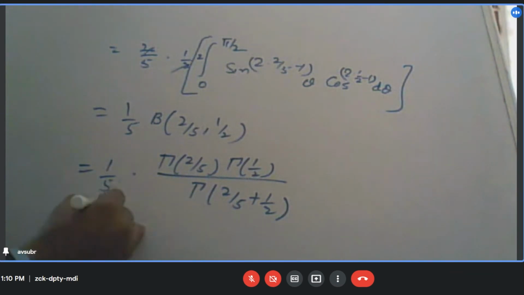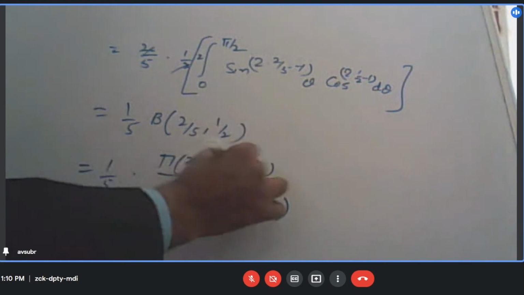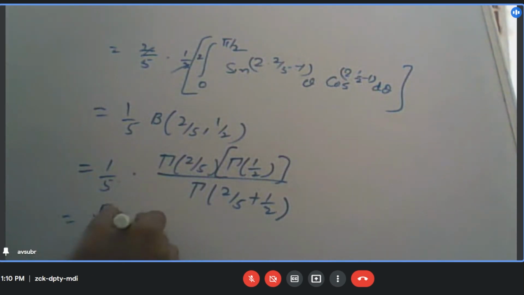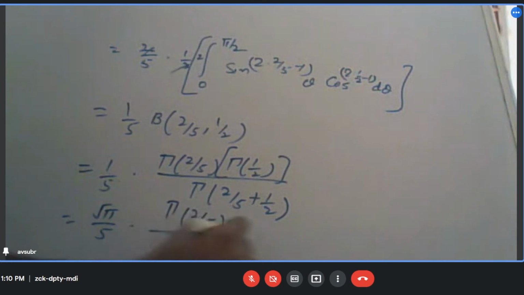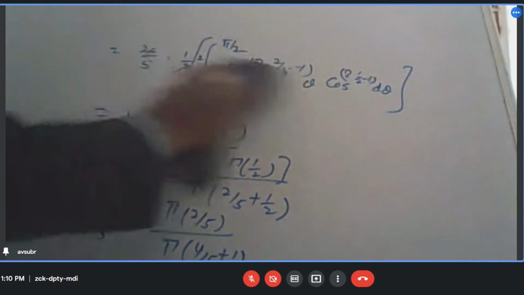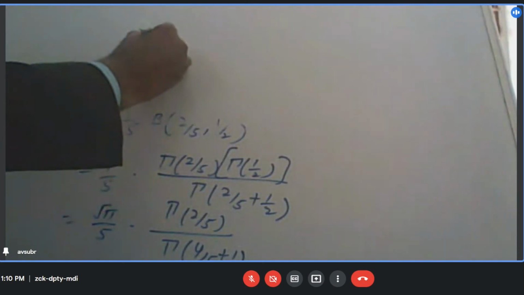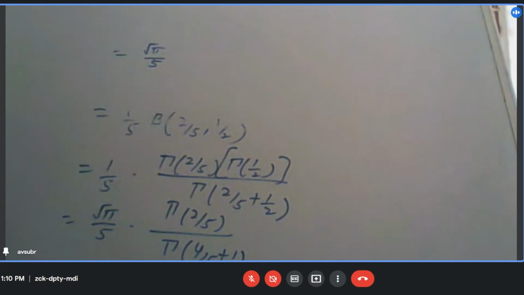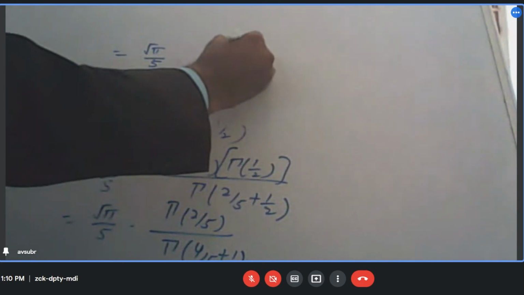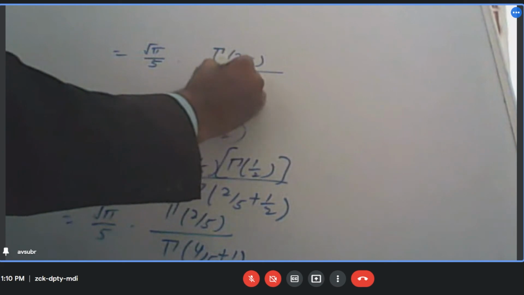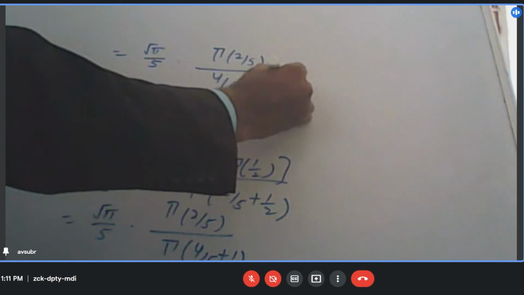So I can write it as root pi by 5, because gamma 1 by 2 is root pi, so this gamma 2 by 5 by gamma 4 by 5 plus 1. Can I write it like this? The denominator 1. Is it okay? Yes, sir. Okay, so that is equal to root pi by 5 into gamma 2 by 5 into 4 by 5, gamma 4 by 5. Can I write it like this?